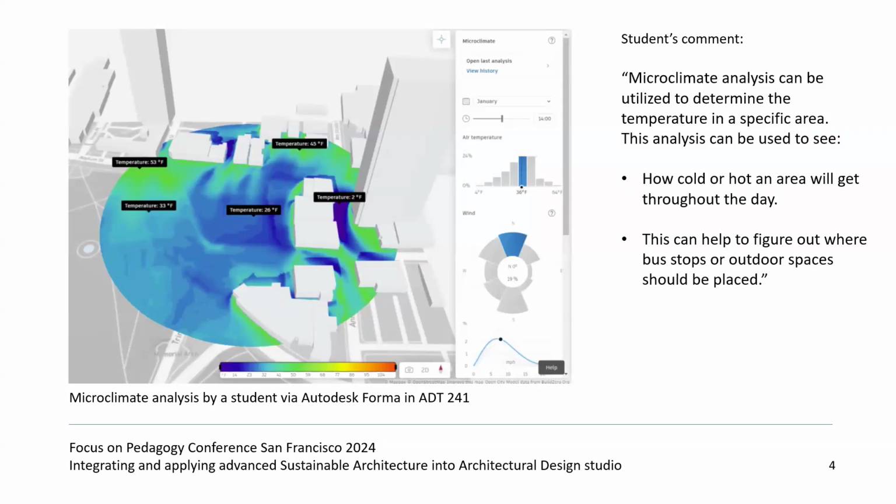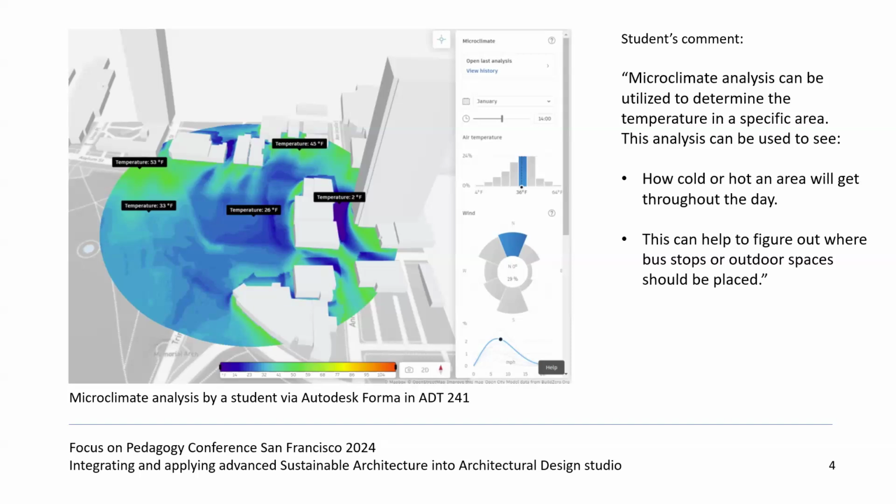In ADT 241, the lecture course, the students mainly work with two applications. The first application was Autodesk Forma, a brand new application for design analysis or site analysis.